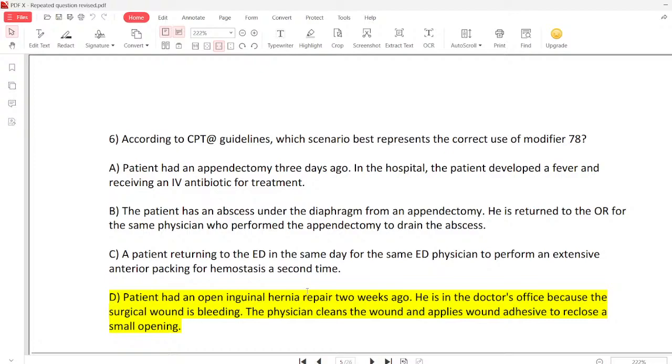Clear? So here the correct answer is: patient had an open inguinal hernia repaired 2 weeks ago. He is in the doctor's office because the surgical wound is bleeding. The physician cleans the wound and applies wound adhesive to reclose a small opening. So this is the correct statement related to modifier 78.